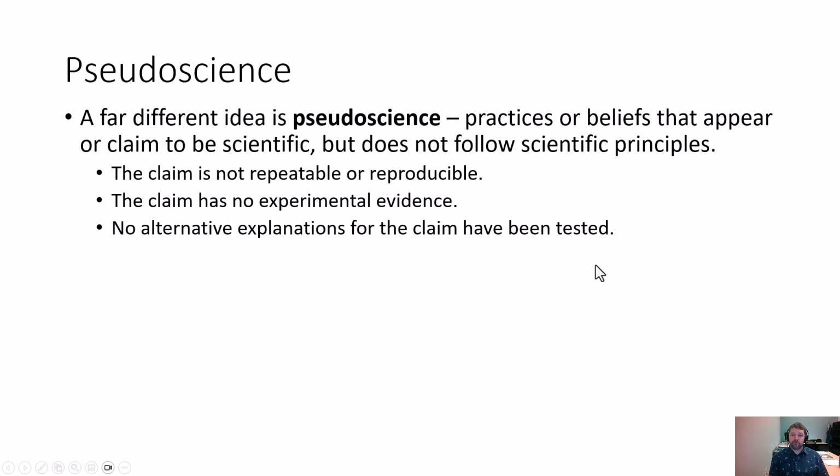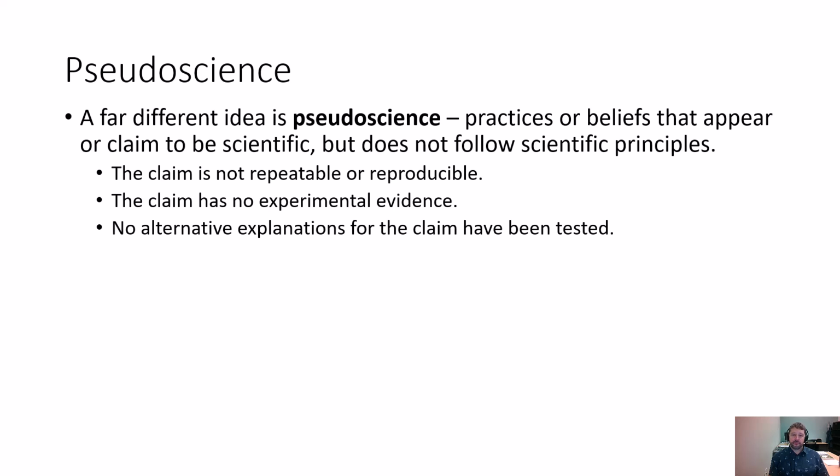and then one of the big ones that often happens is that there's no alternative explanation that has been tested. Okay? So sometimes hypotheses will be presented, a single experiment will be done. That experiment may or may not be biased, and then there are no other explanations, no other hypotheses, no other experiments done to refute the original hypothesis.